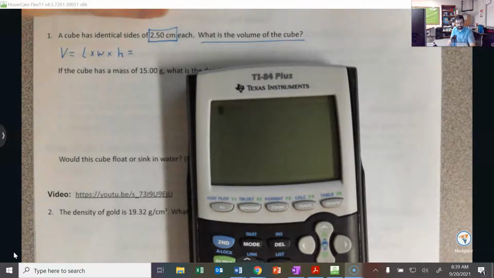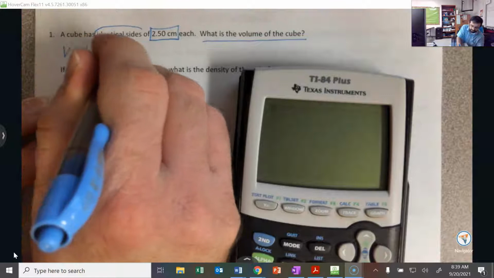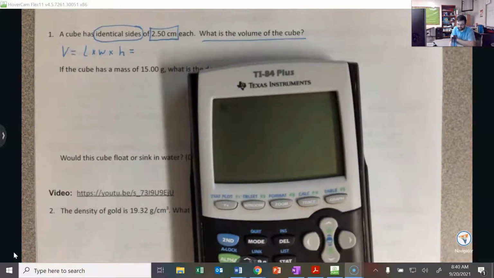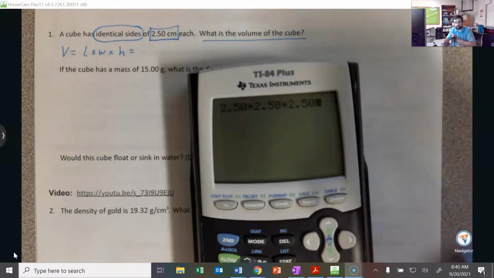It says that they're identical sides, each side is the same, that means length, width, and height are all 2.50. I can just multiply those by each other. Maybe you recognize that another way of doing this would be to cube that, to do 2.50 cubed.